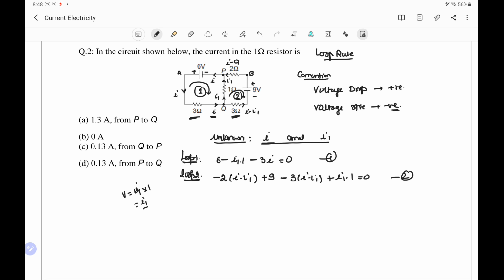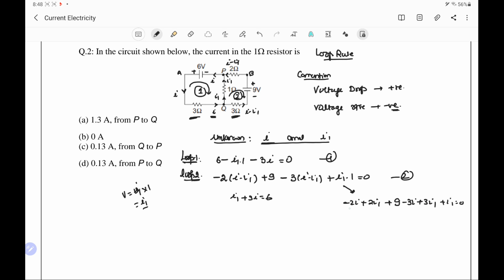Now we have the two equations, and we simplify them. Equation 1 gives I1 plus 3I equal to 6. From equation 2 we get minus 2I plus 2I1 plus 9 minus 3I plus 3I1 plus I1 equal to 0.